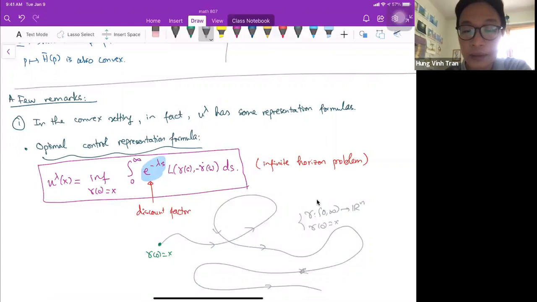Because if you don't have the discount factor, your integral can be infinite. That's the first thing. The second thing is that in real life, in a lot of economics problems, when you're selling new products, you start with a high price, like a lot of new fancy Apple products that they just announced. But then the price is discounted after the introduction, right?